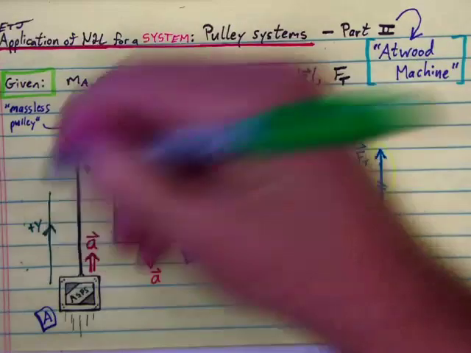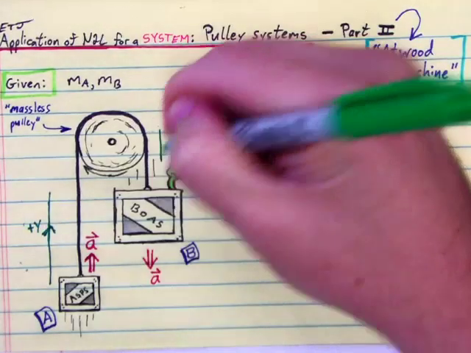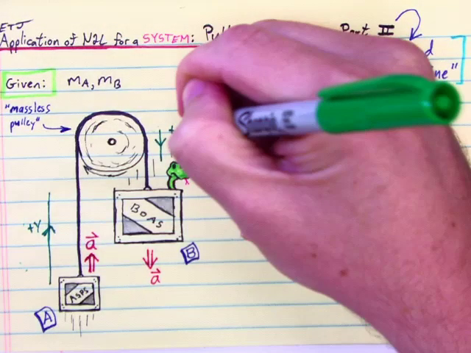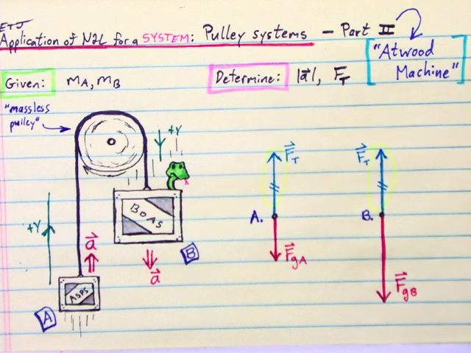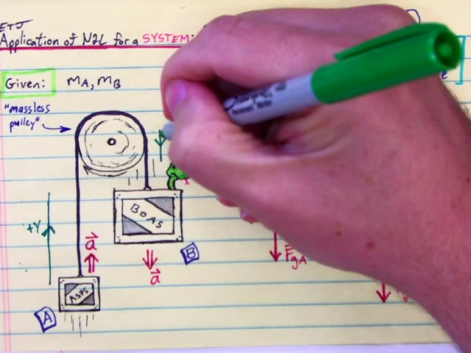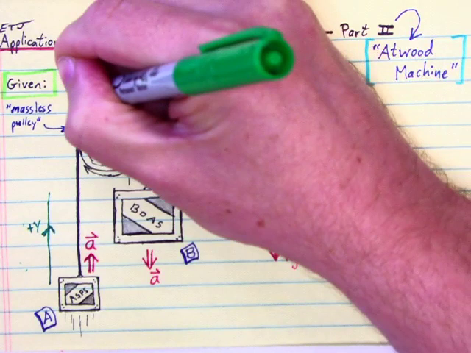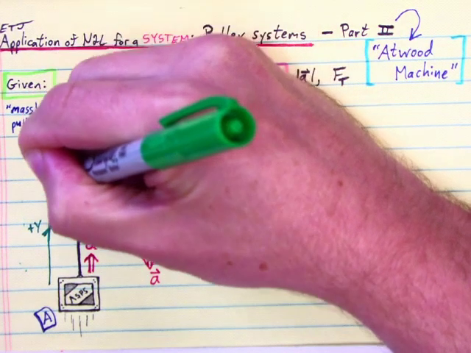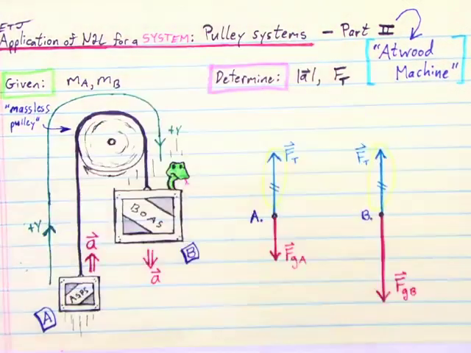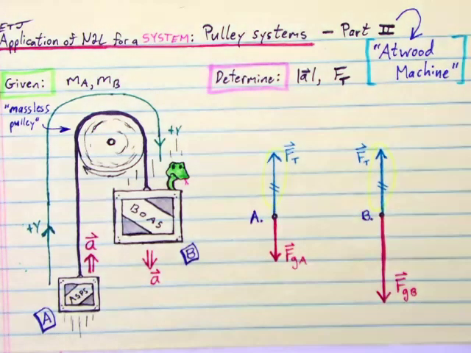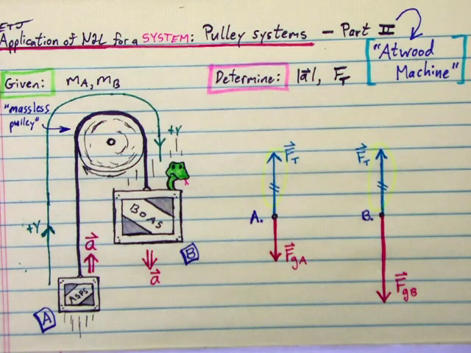And we want downwards to be the positive y direction over there. So they're both accelerating in the positive y direction. And we make that happen by allowing our axis to bend around the pulley, following the string, making a full 180-degree turn.